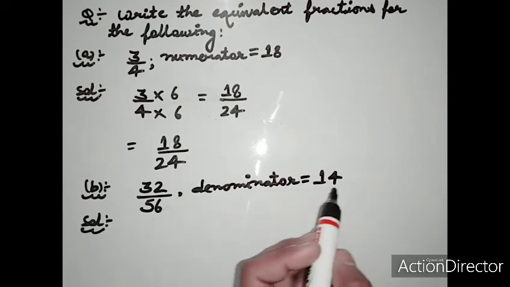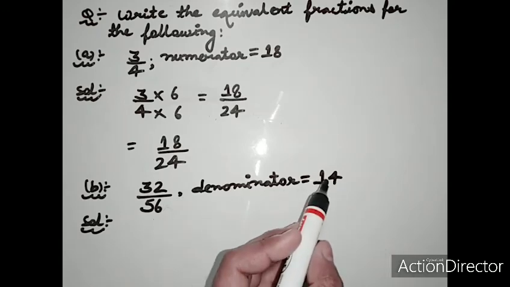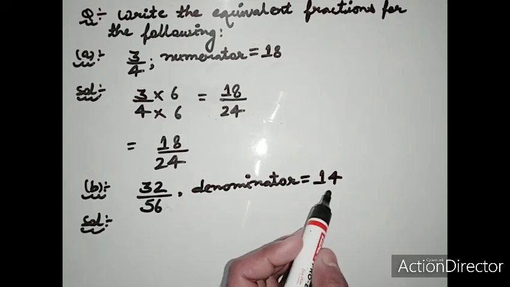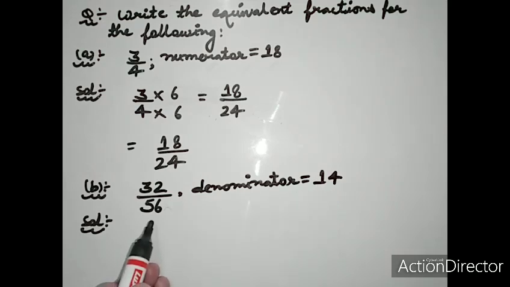So here the denominator is 14. So what is the number which divides 56 and gives 14 as a denominator? So here you divide 56 by 14, and 14 4s are 56.